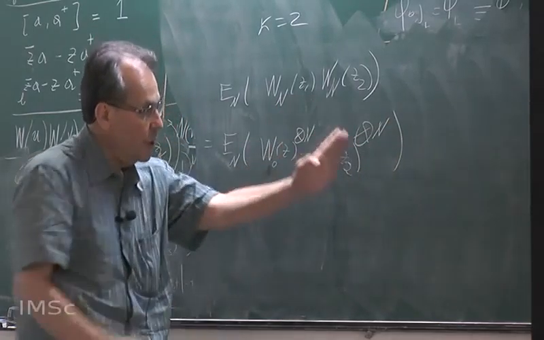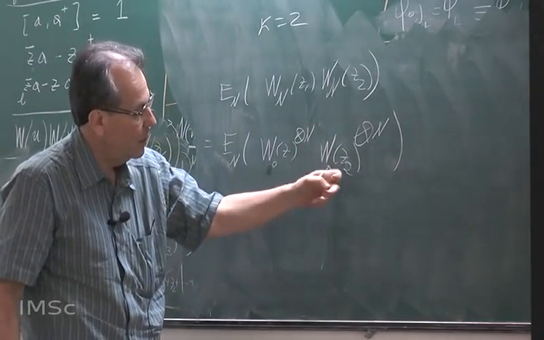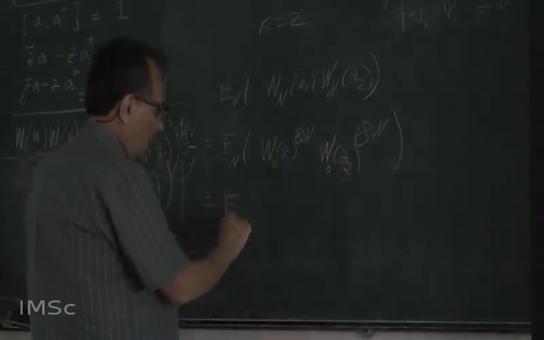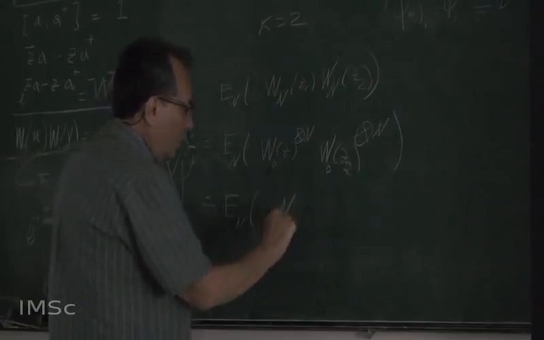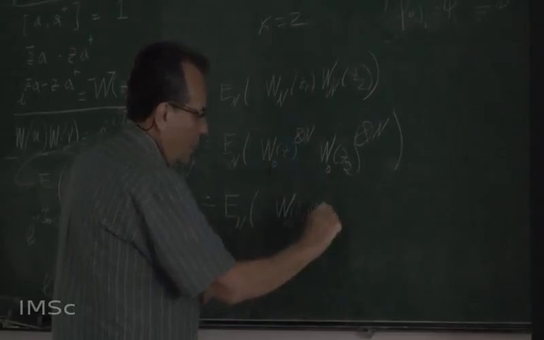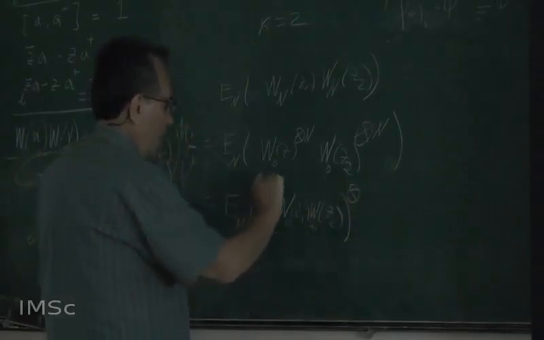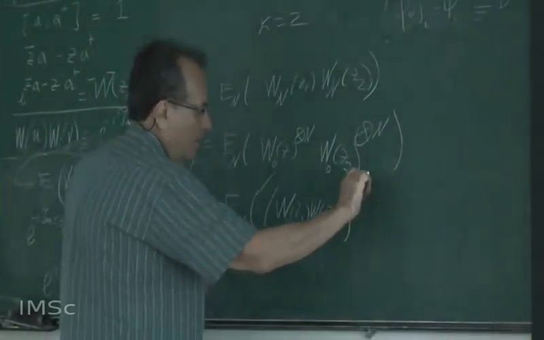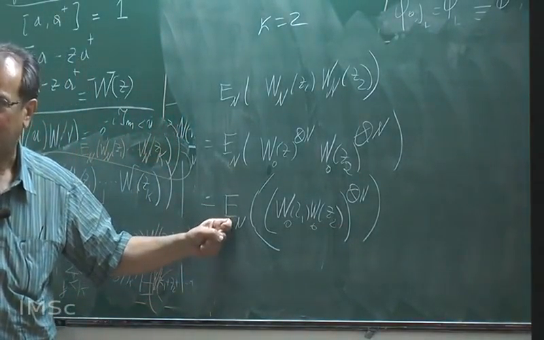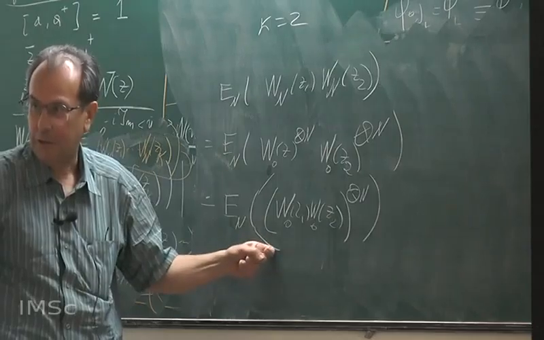It means on each point of this set I put a W with the same Z2. This means that I have E_n of W0 Z1 times W0 Z2, everything tensor power n. But now I use the assumption that E_n is a product state. And by definition, the expectation of a product is the product of expectations.